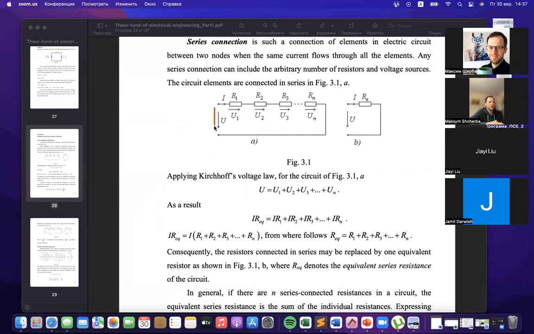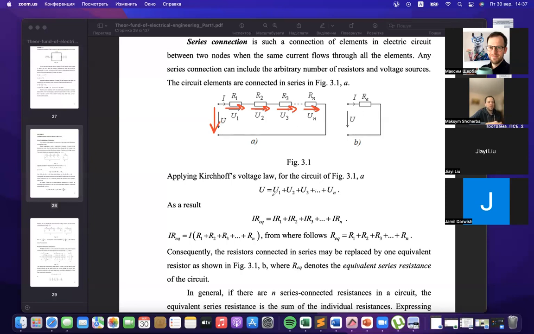In such a way, we know that total voltage of all elements should equal the sum of voltages of each element separately. Then if we add all voltages, we will obtain the total voltage at the beginning.